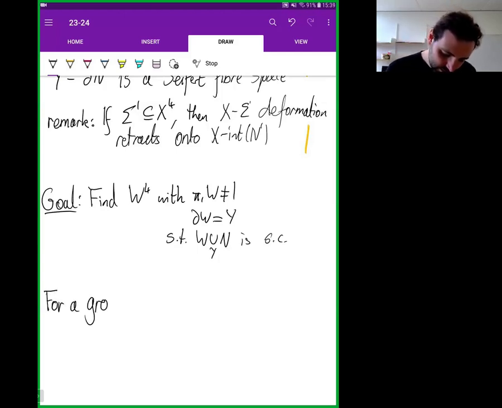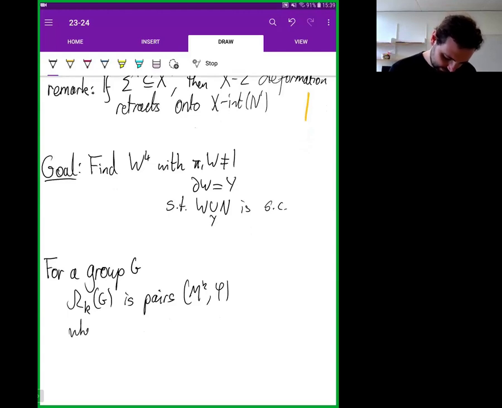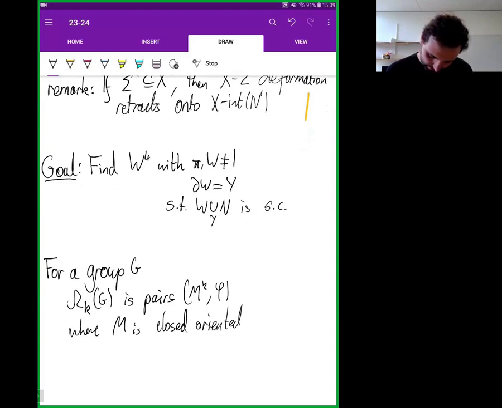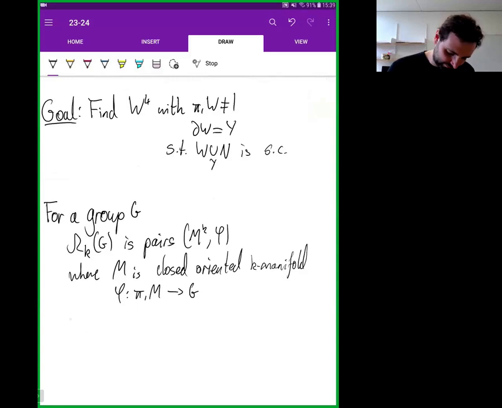For a group G, the bordism group of G, omega_k of G, in dimension k is pairs (M, phi), where M is a closed, oriented k-manifold and phi is a homomorphism to G, up to some cobordism relation.